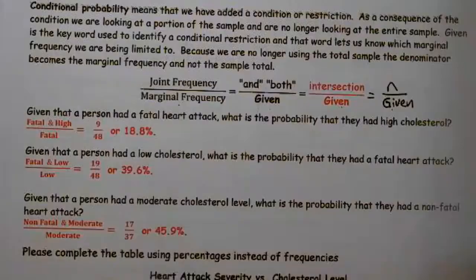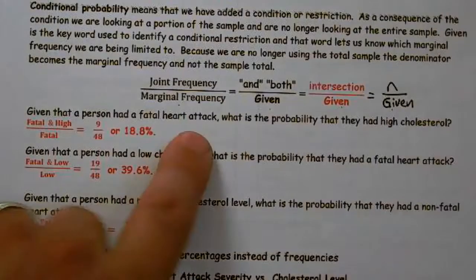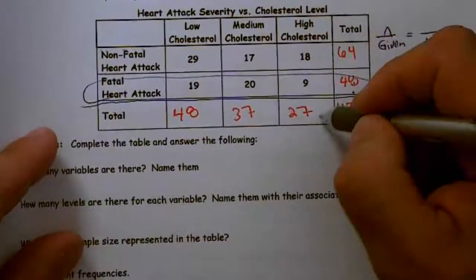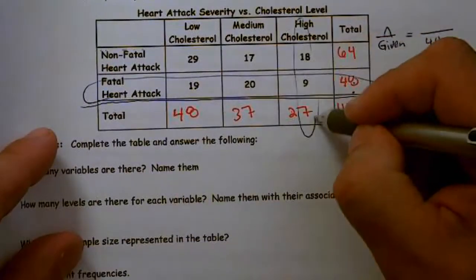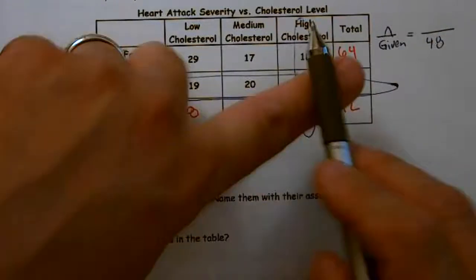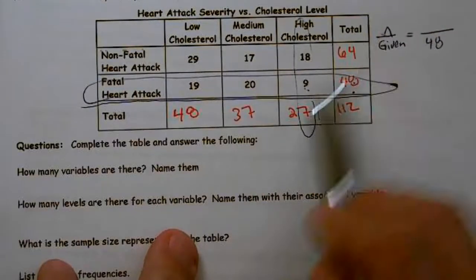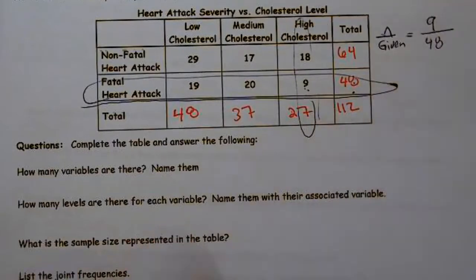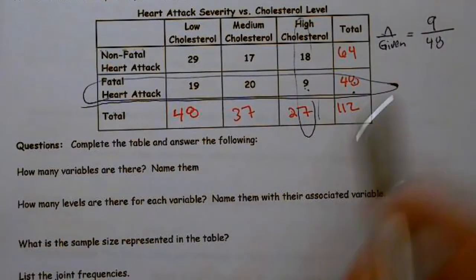Given that a person had a fatal heart attack, what's the probability they had high cholesterol? Well, then I'm looking here, and it looks like I have two streets intersection. That's one of the nice things about that. So we go, oh, it's just 9/48. And that would be my answer.